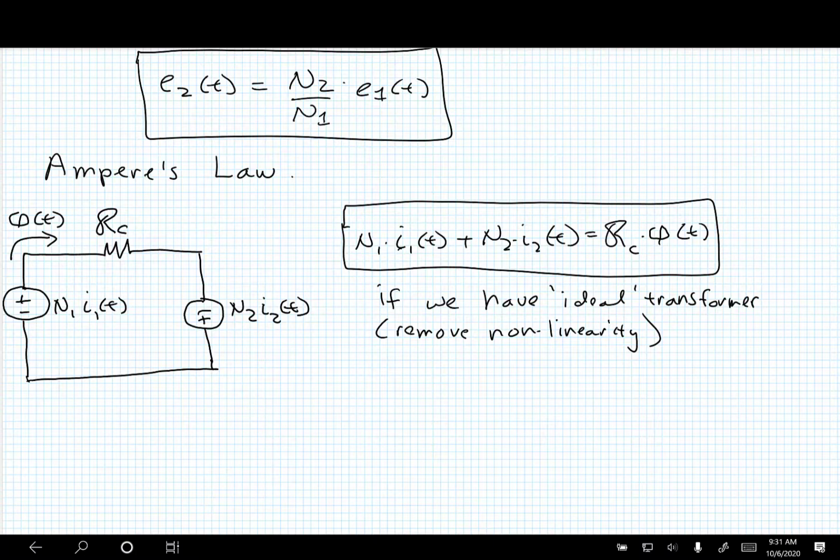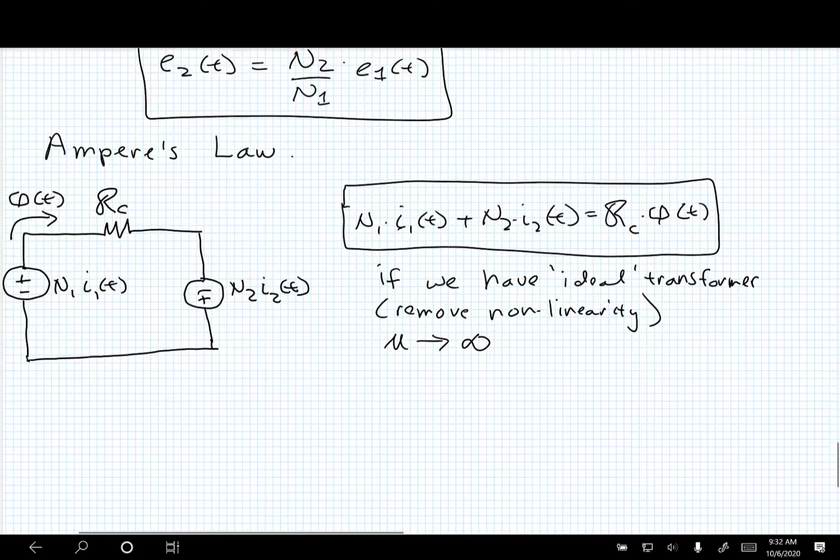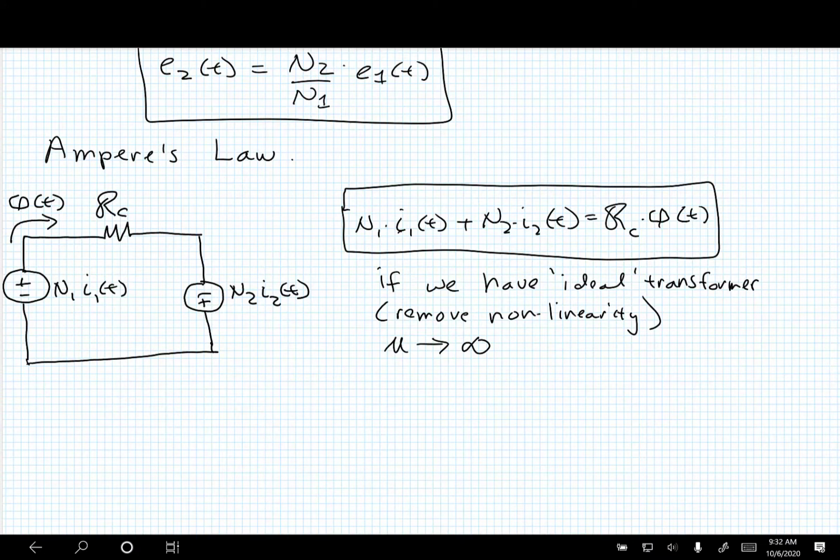Okay, we're going to operate in the linear region. That means that the permeability in the core, mu, would be approaching infinite. What happens to the reluctance of the core if the permeability is nearly infinite? Isn't it almost zero?